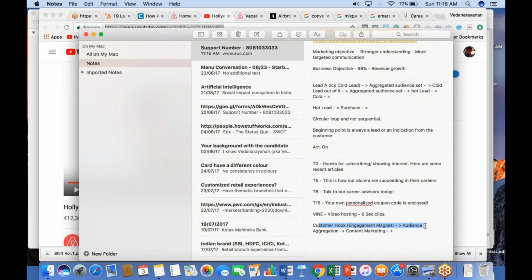So the hook, the engagement magnet came first, then there was audience aggregation, then they crowdsourced pieces of content from users, which they curated and stitched together into a larger piece of long-form video content, which they used for their content marketing efforts. And then they again created higher-order aggregated audience buckets which had a stronger intent towards purchase. Let me put it that way.